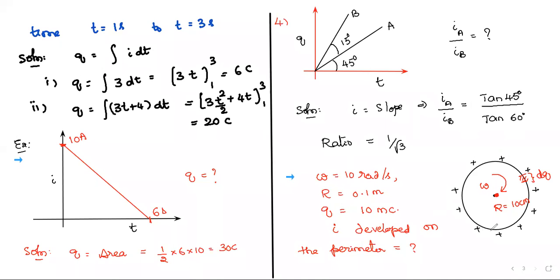So here, that is the advantage. Here we say I is equal to dq by dt. I am taking the element dq only, divided by dt.